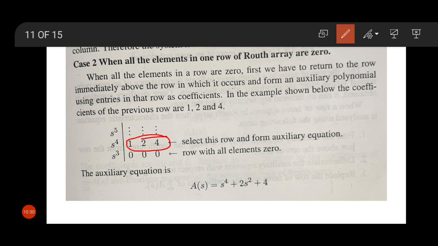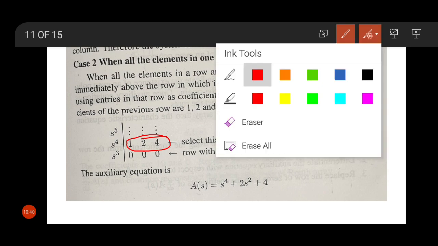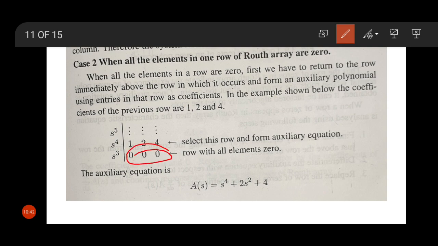In this example, the coefficients of the previous row are 1, 2 and 4. The 0 row is this, so the row above is this. So the coefficients above the 0 row are 1, 2 and 4. So here we form the auxiliary equation with these.